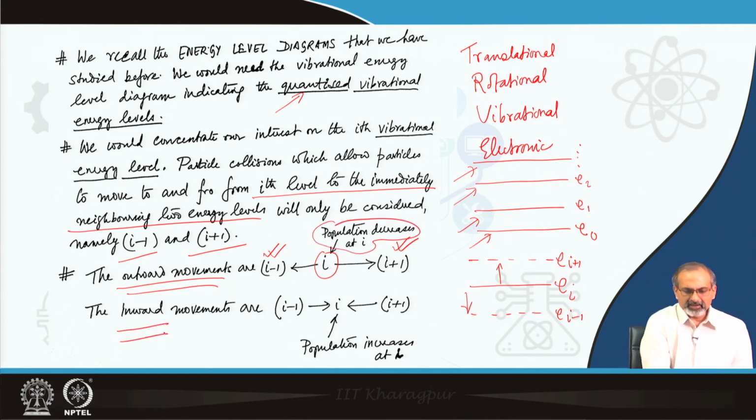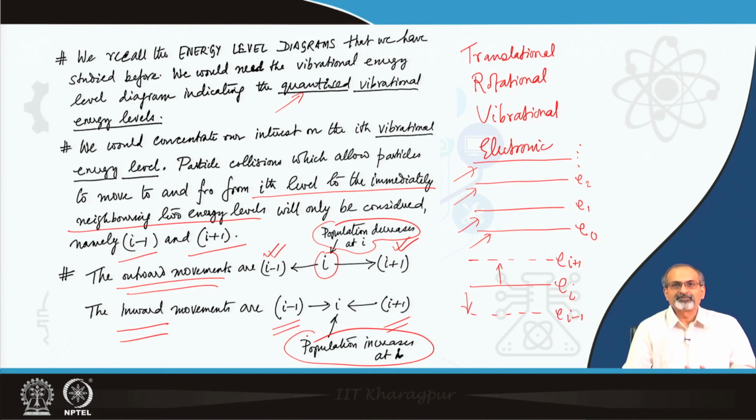On the other hand, if there is inward movement of the particles, again due to molecular collisions, where they move up from i minus 1 to i by gaining energy, or they move down from i plus 1 to i by losing energy, again that leads to population change, and this time it is a population increase at the ith energy level.